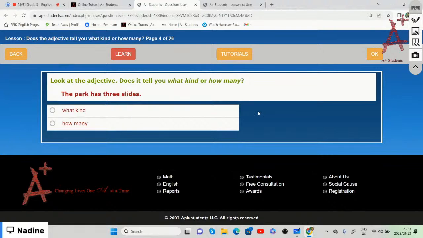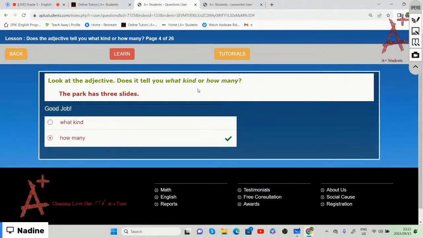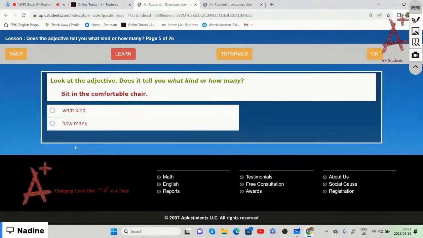The park has 3 slides. And 3, yes, it tells us how many slides the park has. So well done. Good job. So how many is correct.